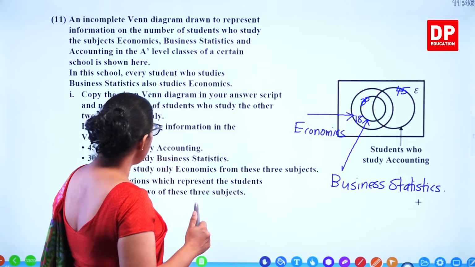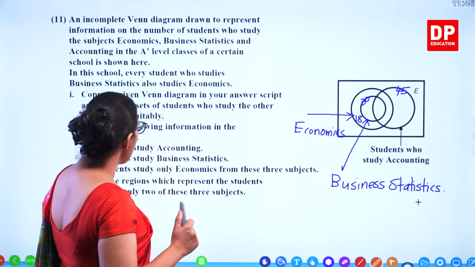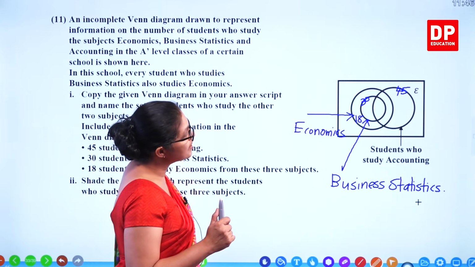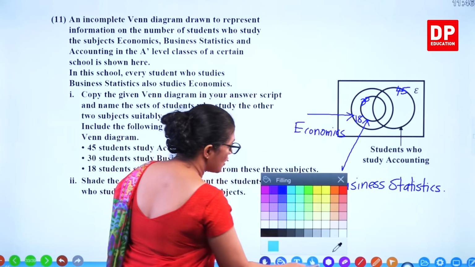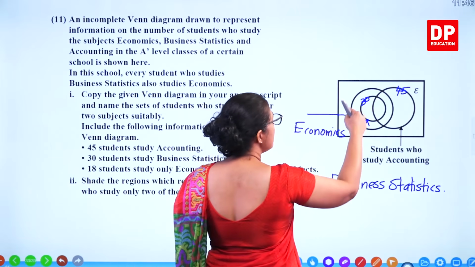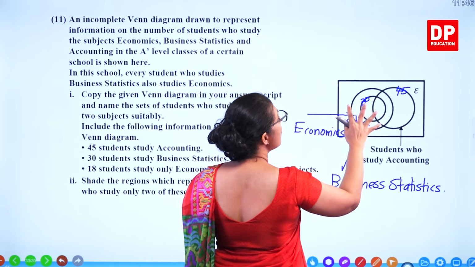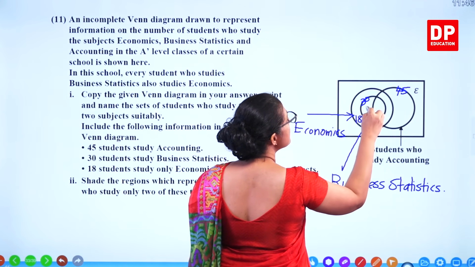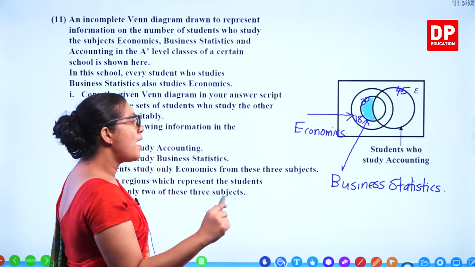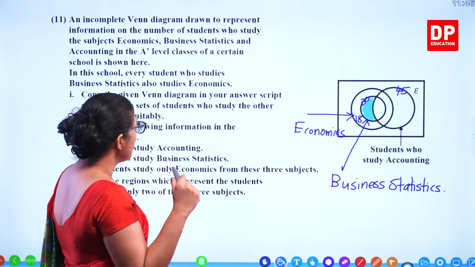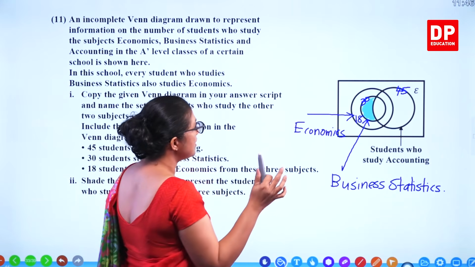Next one, shade the regions which represent the students who study only 2 of these 3 subjects. See, business statistics and economics intersect here. So this one is economics and business statistics. And what about the other side?